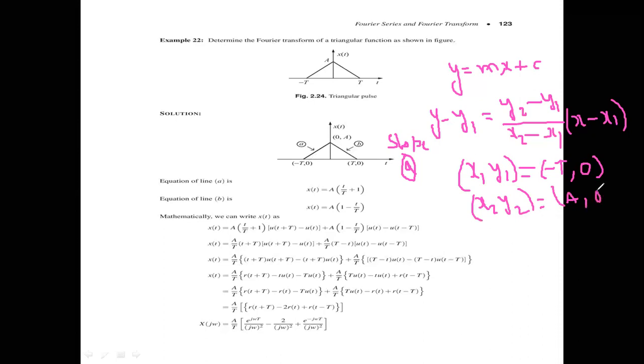Now I can substitute in this equation to get the slope.